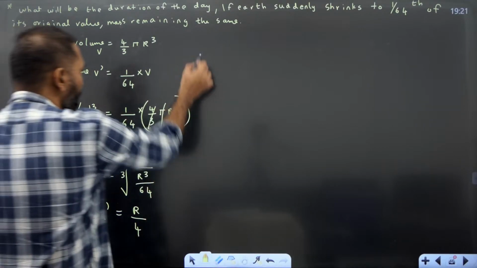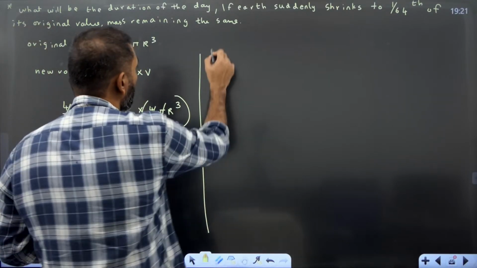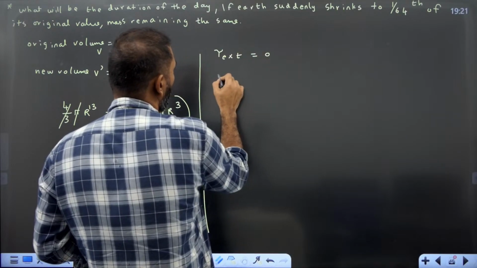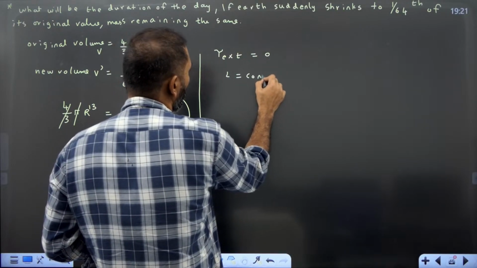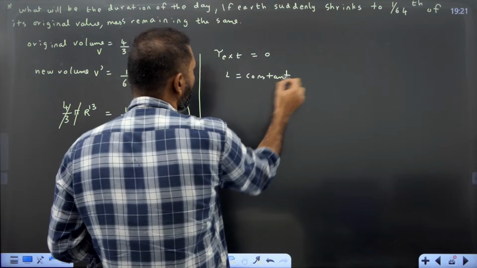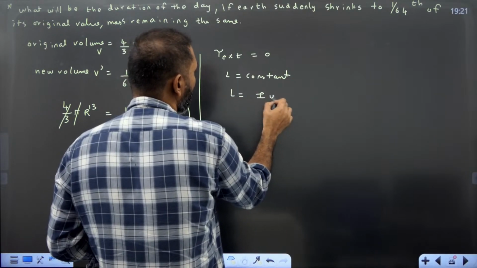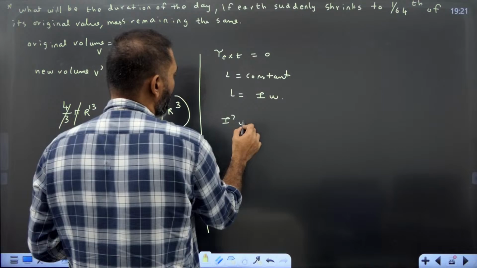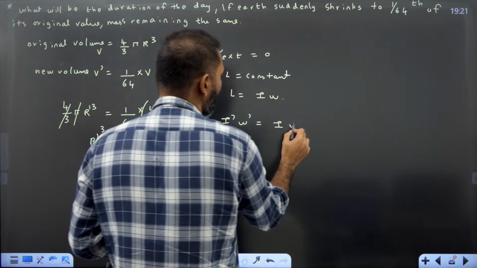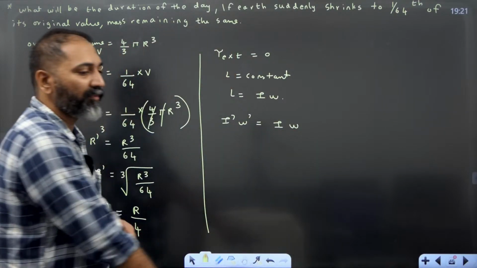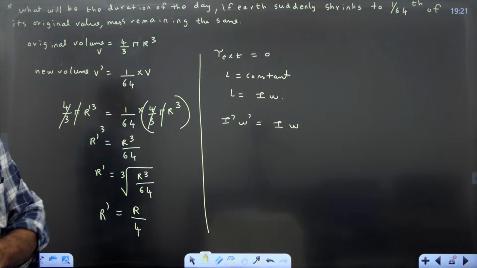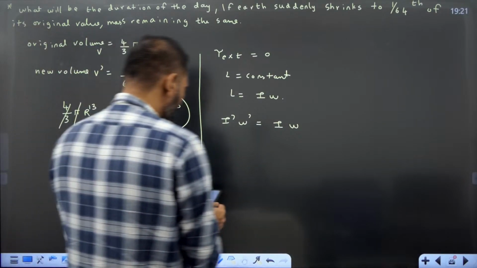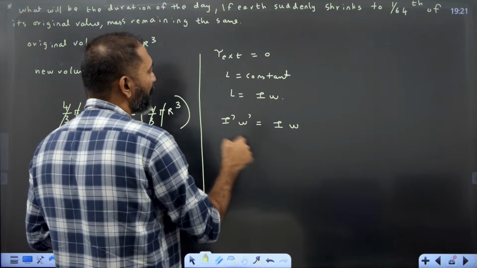Here, external torque is 0. So, angular momentum L is constant. L equal to I omega. I dash omega dash is equal to I omega, that is new moment of inertia into new angular velocity is equal to original moment of inertia into original angular velocity. Any doubt? Earth is having what shape? Sphere.